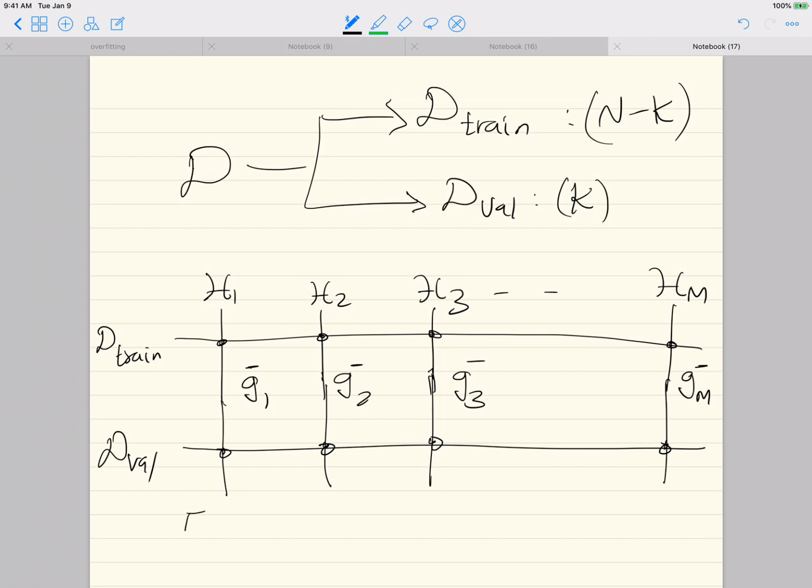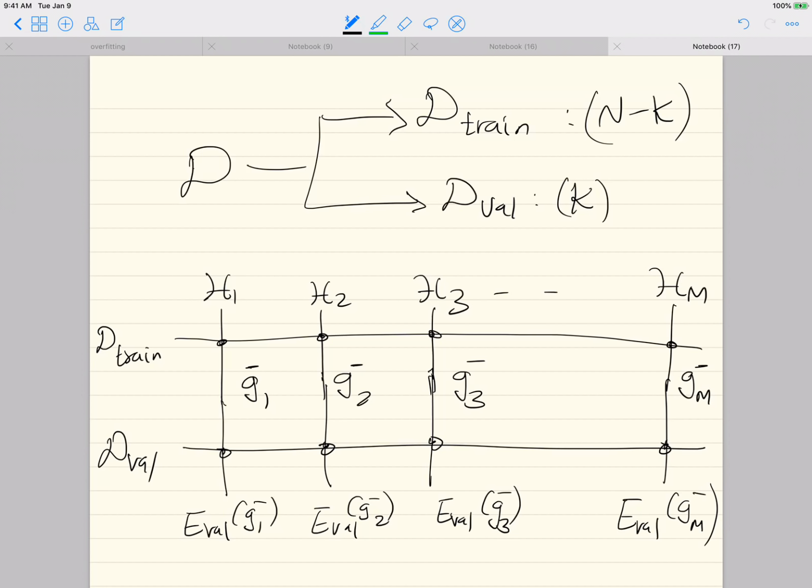So now you get Eval of G1 minus, Eval of G2 minus, and so on. You can compute the validation error for each one.